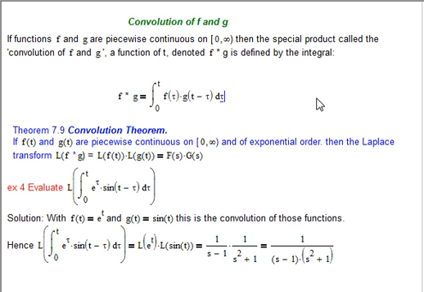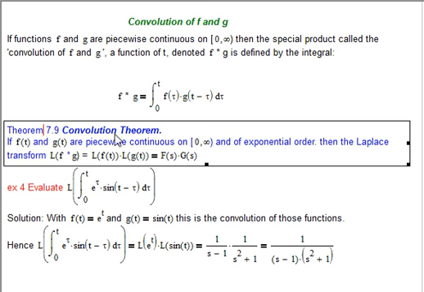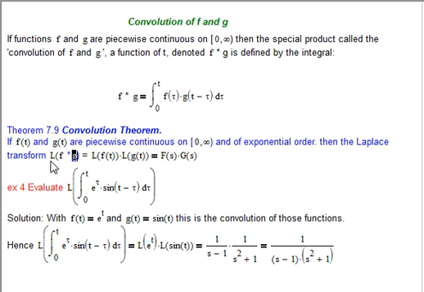And you're thinking, why would that be interesting even a little bit? And the answer is not directly from this, but from what this leads to. That's Theorem 7.9, called the convolution theorem. If f of t and g of t are piecewise continuous and of exponential order, that means they have Laplace transforms, then the Laplace transform of the convolution of f and g is the product of the Laplace transforms of f of t and g of t.